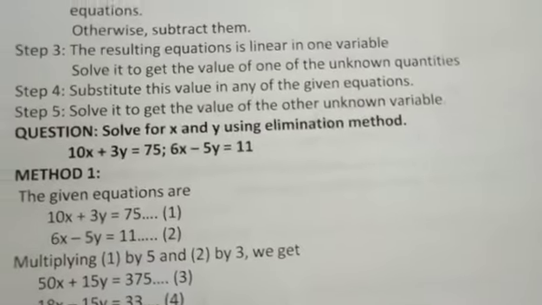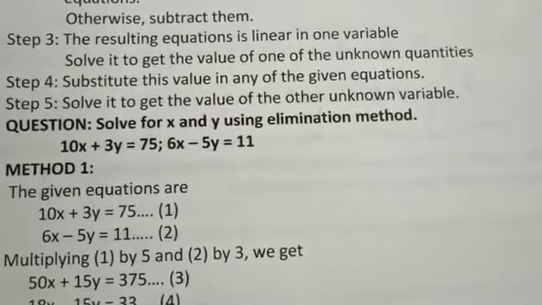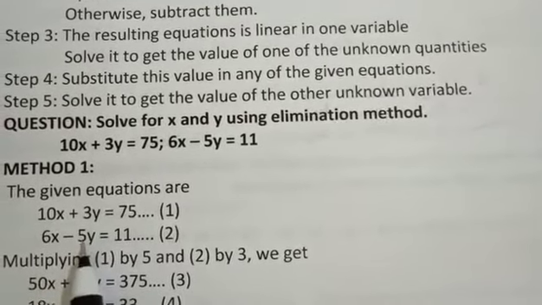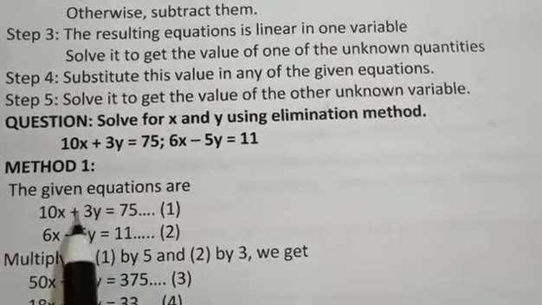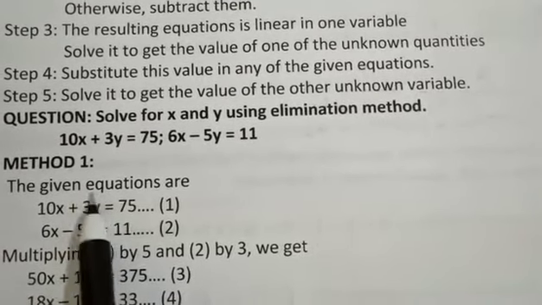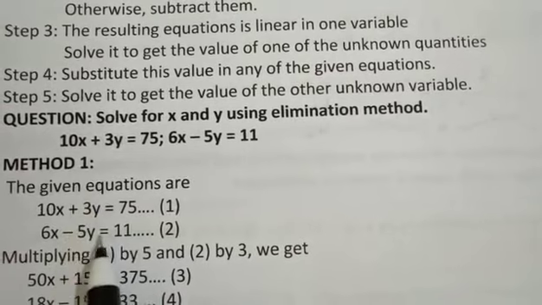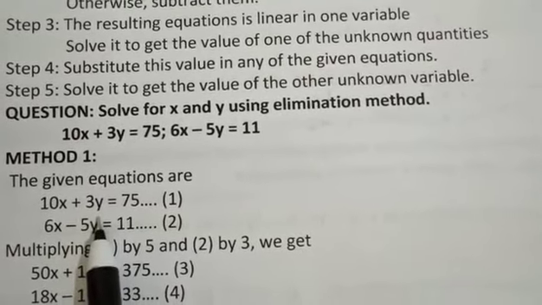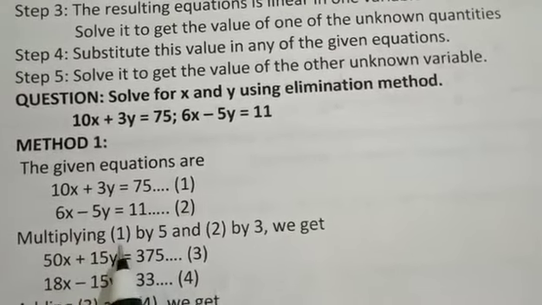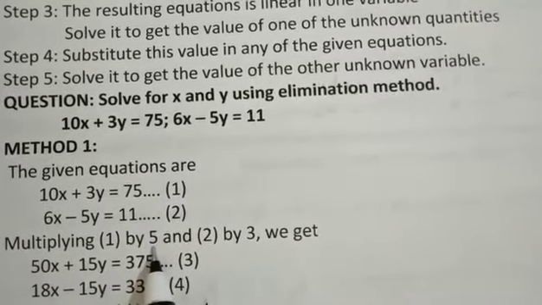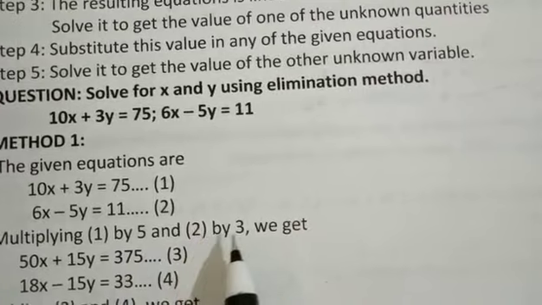Now after we have got the LCM of 3 and 5 as 15, our main motive will be to make this coefficient 15 and this coefficient also 15. So look at the next step. We have written multiplying equation 1 by 5 and equation number 2 by 3.